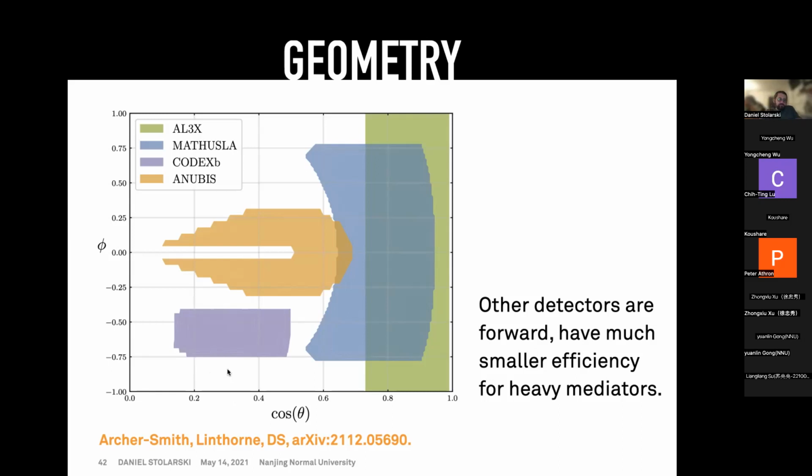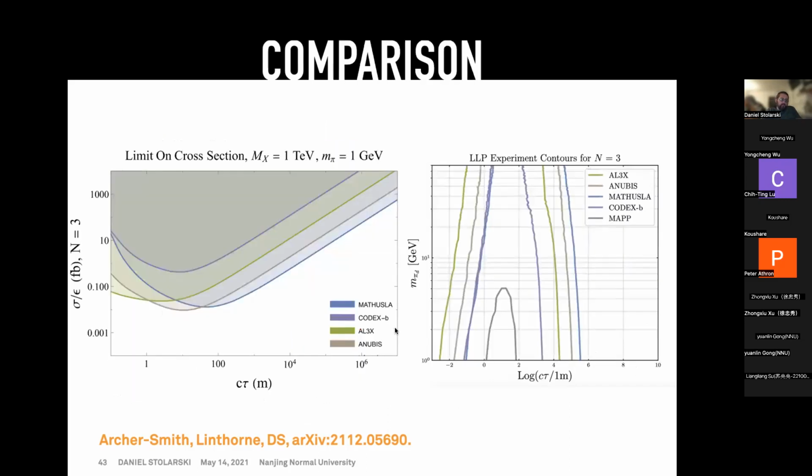You can see they're all very different, and so they're going to be sensitive to different physics. The other ones, not on there, are going to be tiny in this plot. They are very forward, very far away, and so they cover a very small angular acceptance in these coordinates. For now, let me focus on these 4, and then we can compare them.